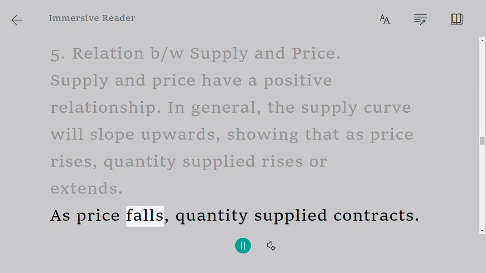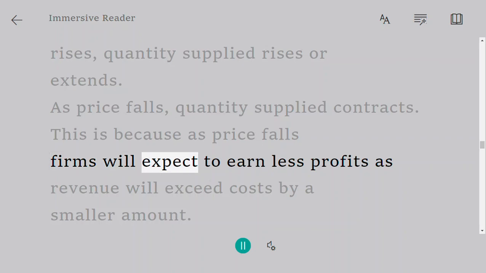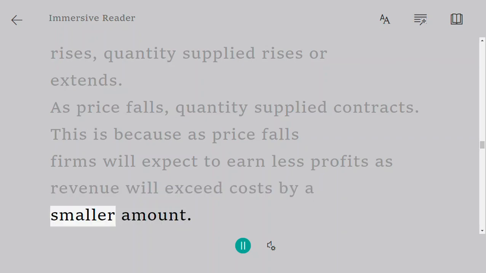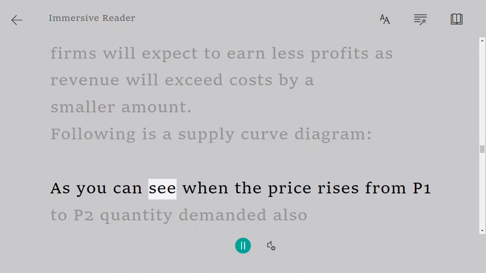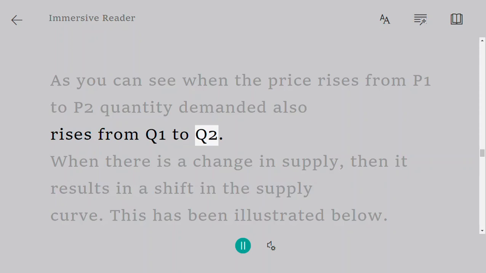As price falls, quantity supplied contracts. This is because as price falls, firms will expect to earn less profit as revenue will exceed costs by a smaller amount. Following is a supply curve diagram. As you can see, when the price rises from P1 to P2, quantity supplied also rises from Q1 to Q2.